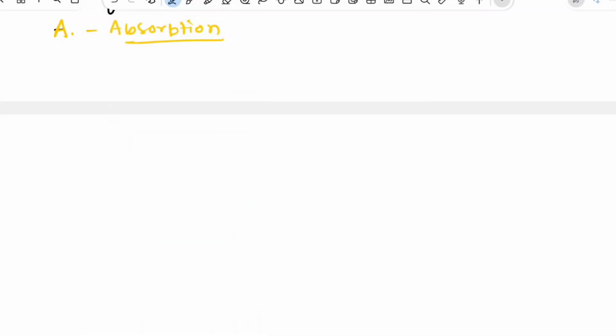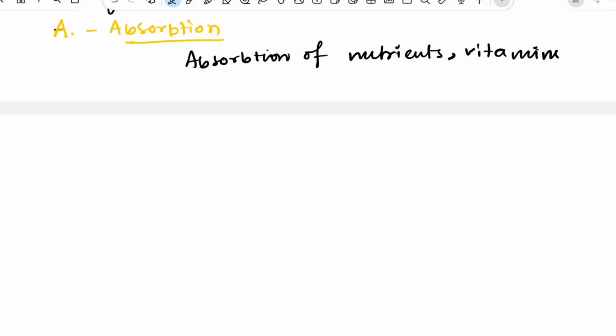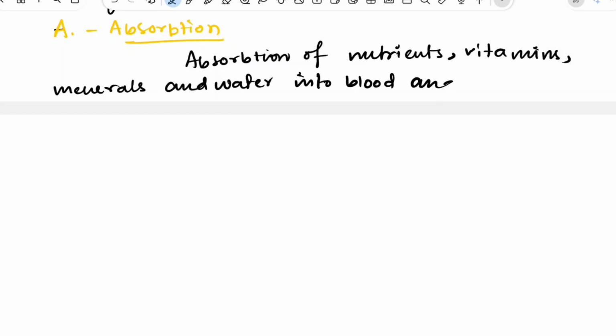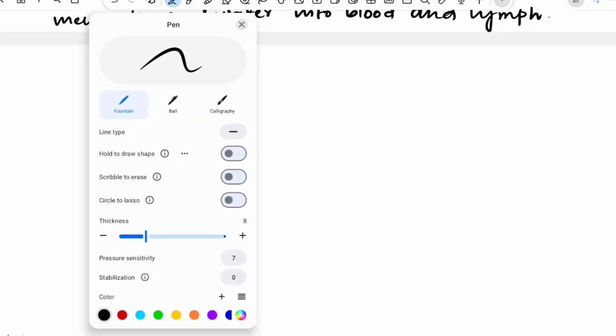In that we can write absorption of nutrients, vitamins, minerals, and water into blood and lymph. Next, DAMA.